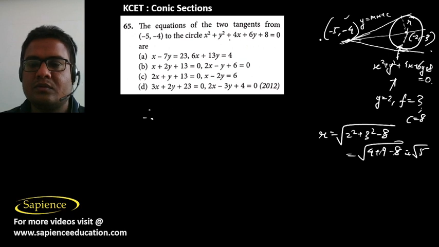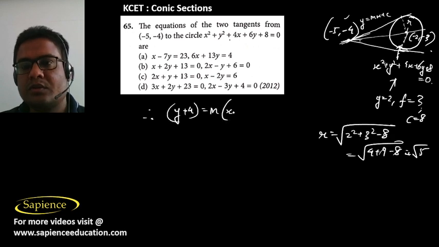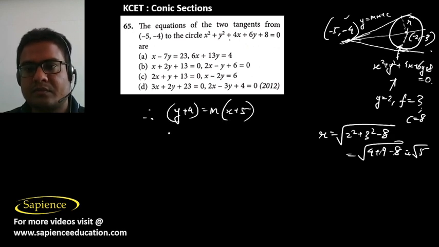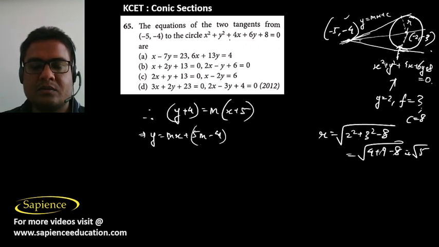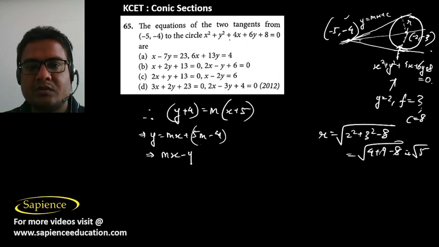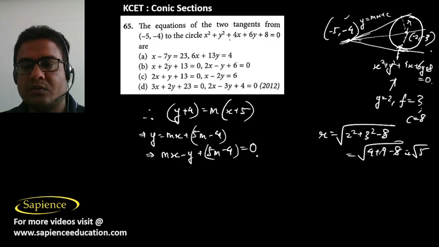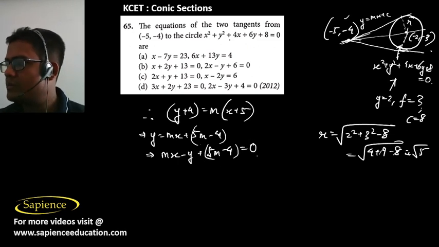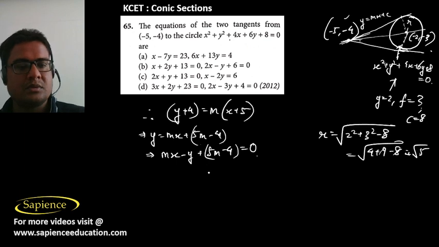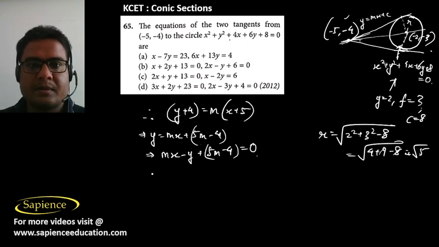Now the equation of this tangent will be y plus 4 equal to m into x plus 5. So y equals mx plus 5m minus 4, or we can say mx minus y plus 5m minus 4 equal to 0.